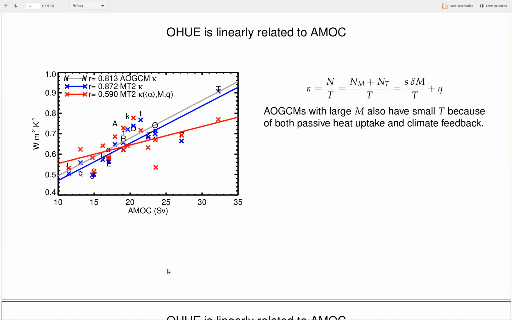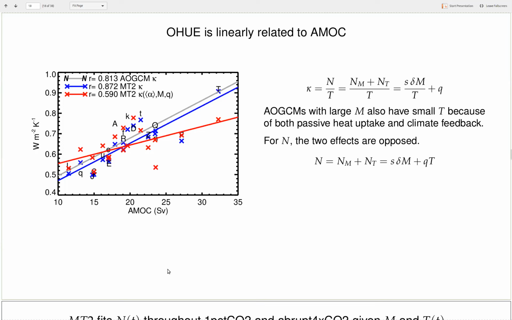The ocean heat uptake efficiency is bigger in models with stronger AMOC, both because of a more efficient removal of heat from the surface, and because those models have a lower effective climate sensitivity. And both of those things cause a smaller T. But for N itself, these two effects are opposed.